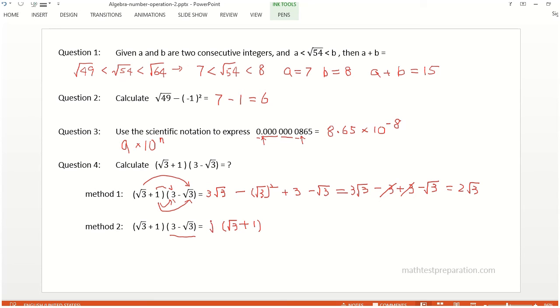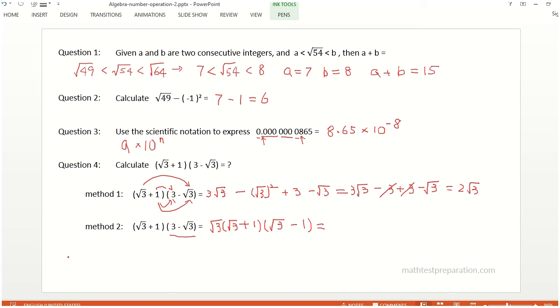We move the common factor outside the parentheses. So the first term left is square root 3, second term is 1. Subtract 1. Now we see square root 3 plus 1 multiply square root 3 subtract 1.